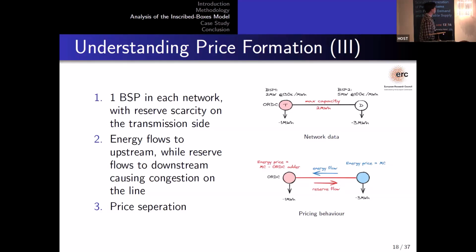The energy flow in this case is going to flow from downstream to upstream, causing again a congestion, which is caused by reserve in our scenario. The price separation leads us to these two patterns, which in the transmission side is going to be the marginal cost minus the RDC adder, and on the distribution side the energy price is going to be the marginal cost only.